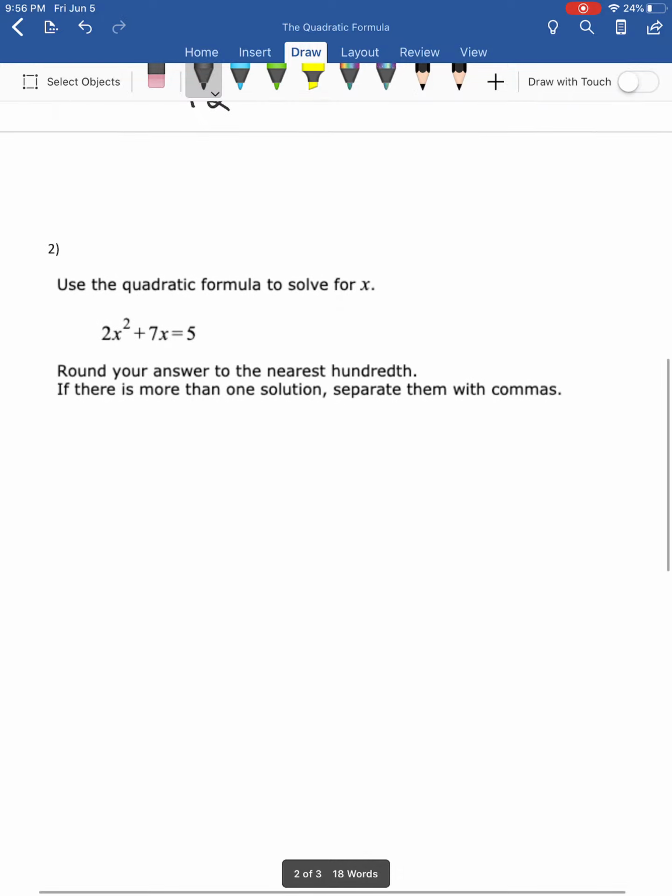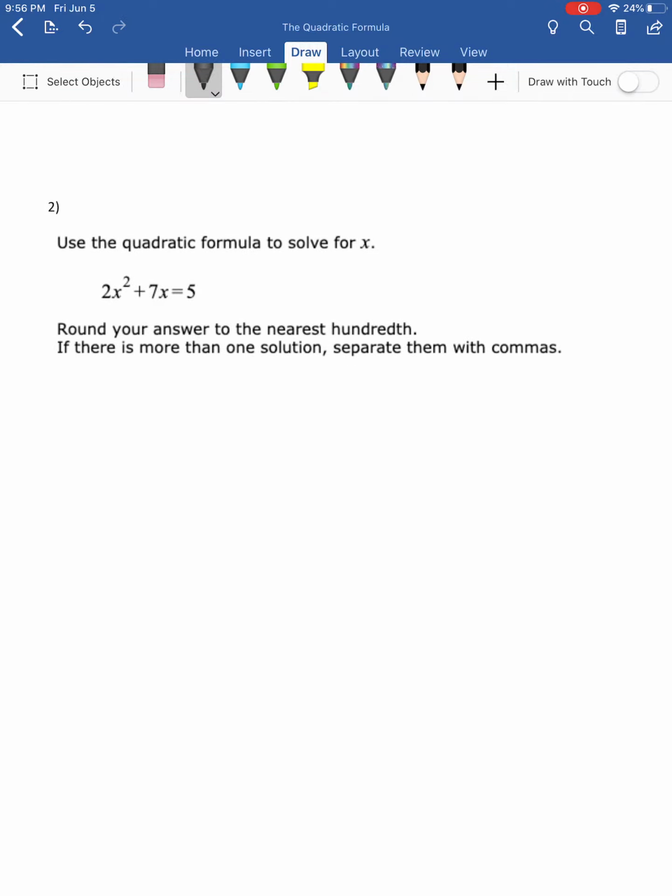In the second example, we are going to have to round to the nearest hundredth, so we're not going to leave it in square root form. First thing you should notice: this is not in ax squared plus bx plus c equals 0 form. We need to get that 5 over to the other side, so we subtract it from the right side to get it over to the left.